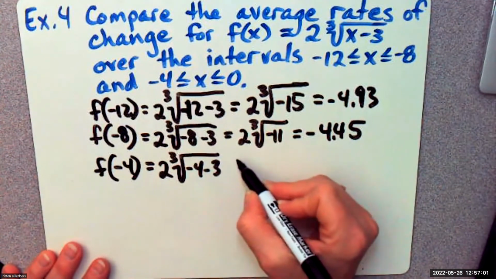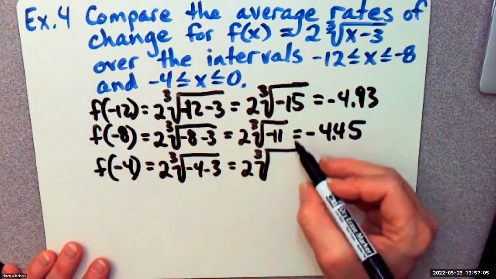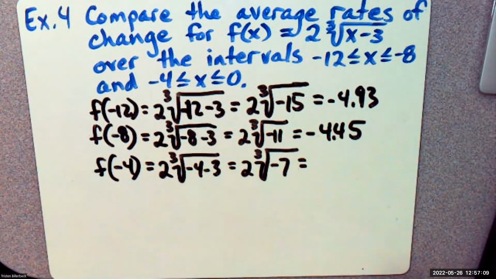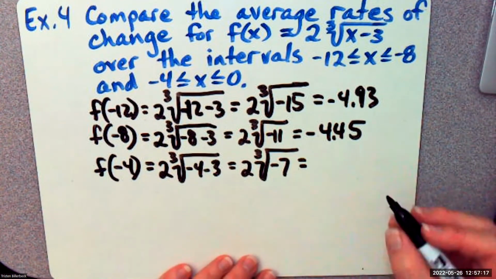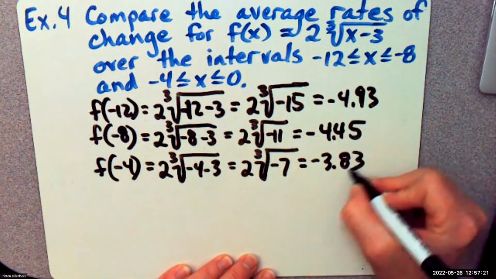Now let's look at f of negative 4, which equals 2 times the cube root of negative 4 minus 3, which equals 2 times the cube root of negative 7. And that's negative 3.83.